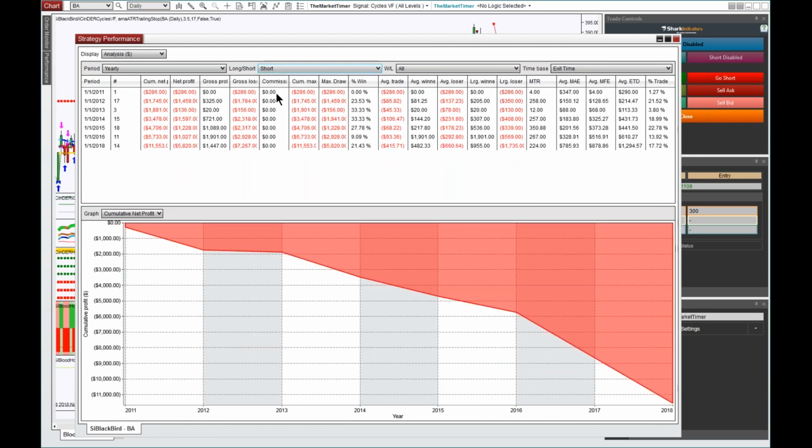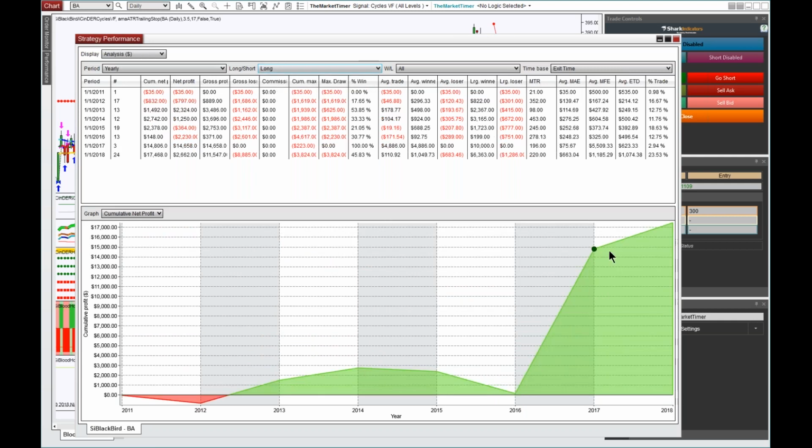If it's just shorts, it's a money loser. If we look at longs only, then we have a positive outcome. And as the question was posed a while ago, what if we look at this from the perspective of buy and hold?